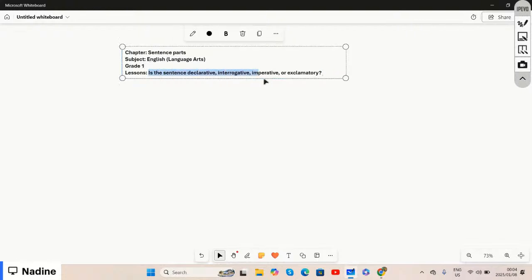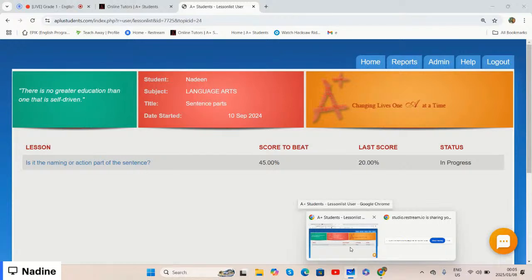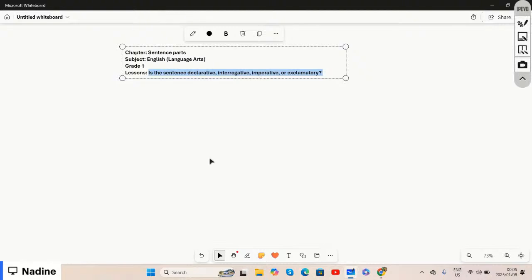And the lesson that we are going to be focusing on under the chapter of sentence parts is: is it the naming part or the action part of the sentence?